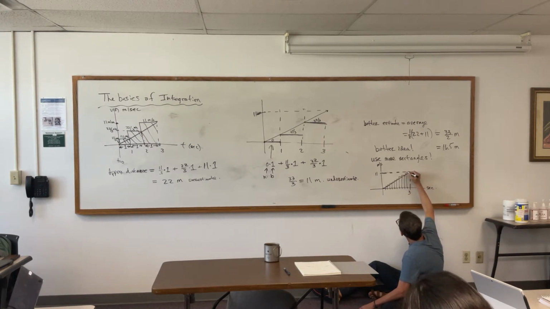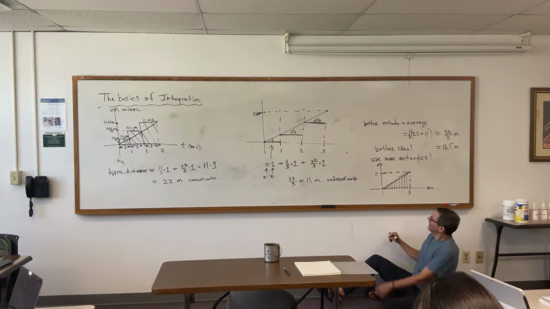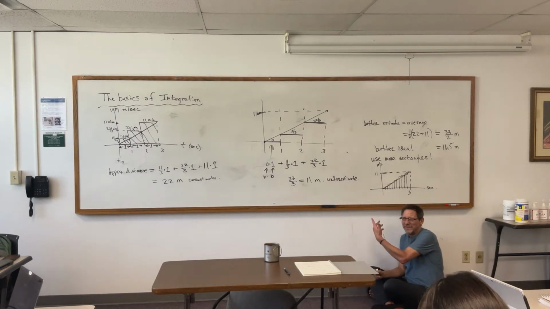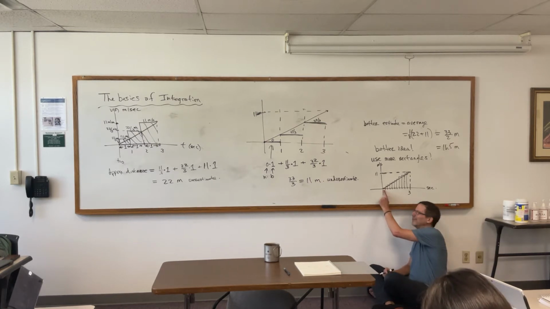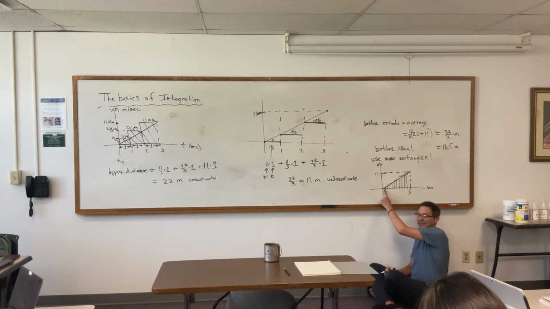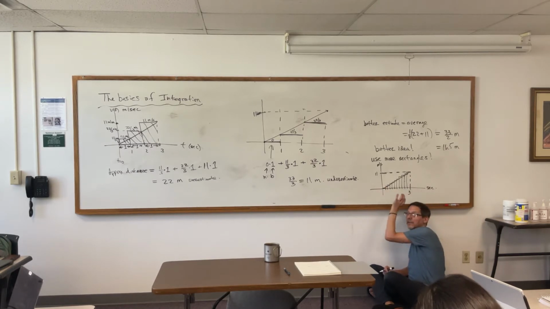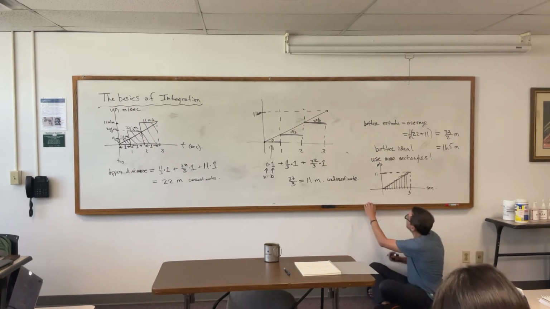Last one, right there. That's getting pretty shaky. Try to pull it together. Okay. Got a bunch of little rectangles. Each one gives me the approximate distance traveled if I just take its base times its height, because it's velocity times time. And I'll get the distance traveled approximately on here.